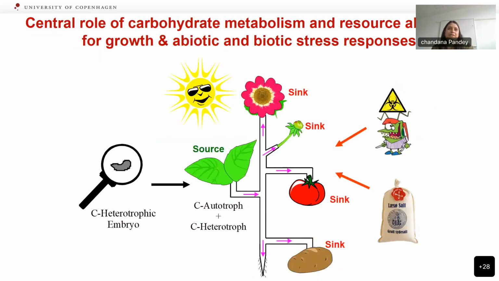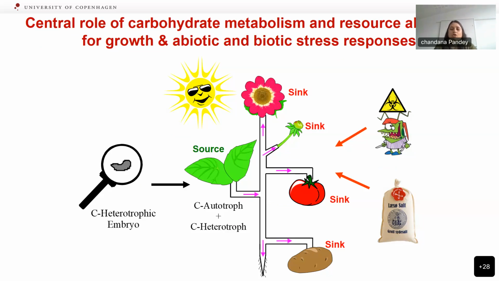Now comes the target. What kind of physiological responses do we want to see when it comes to selection? In our lab, what we focus on is carbohydrate metabolism, and now we are also extending it to other pathways. So why carbohydrate metabolism? Because we know it plays a very important role in source-to-sink metabolism, and also when it comes to pathogen infection, the plant feeds on carbohydrate and the pathogen feeds on the plant carbohydrate.